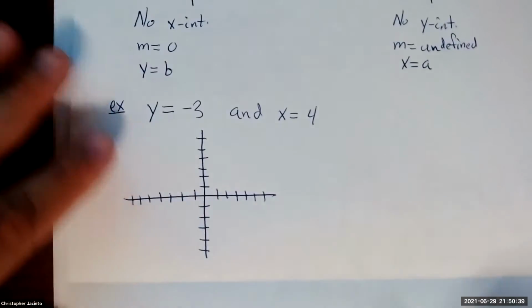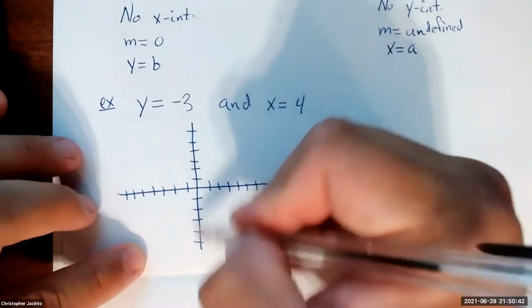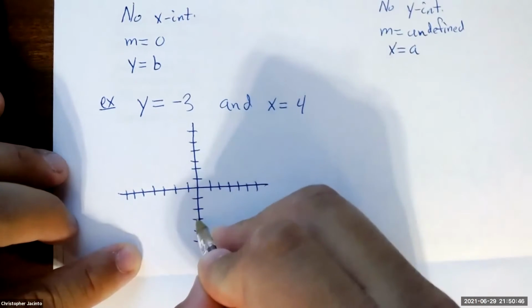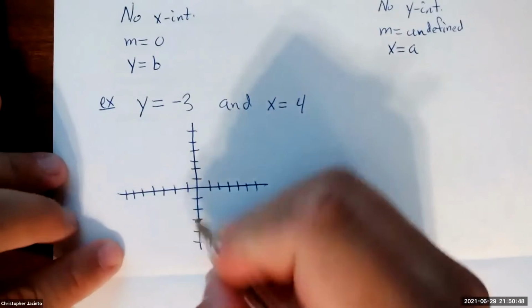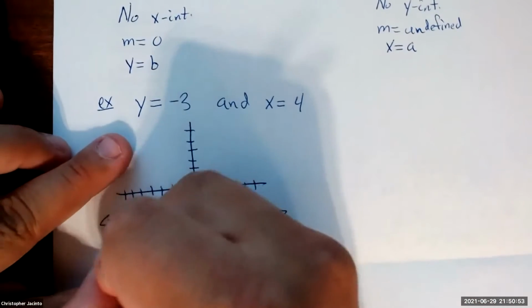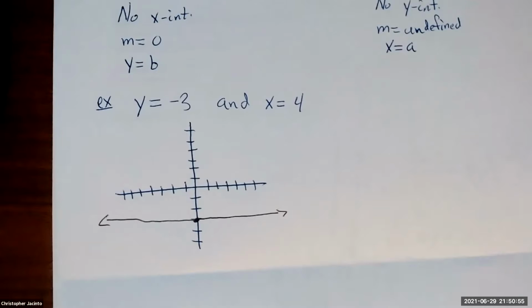And how you do this is, if it's horizontal, you're only going to go up and down the y. So go down to negative 3, which is down here. So here's negative 3, and you can make a horizontal line going straight across. And that's how you graph it.